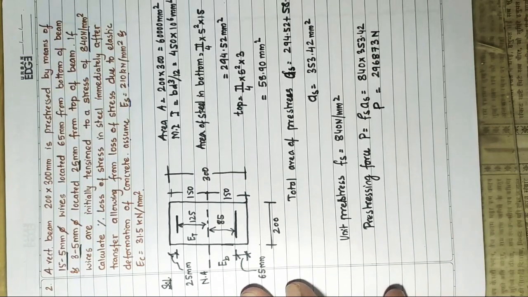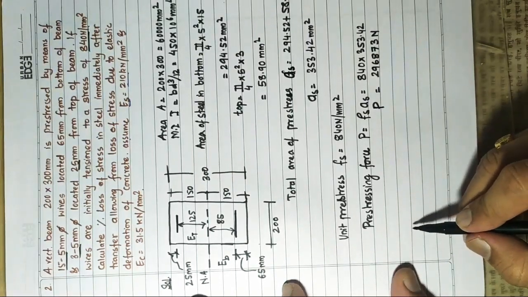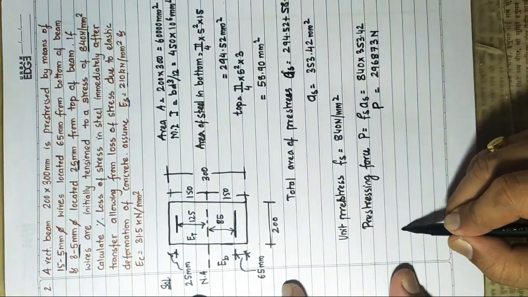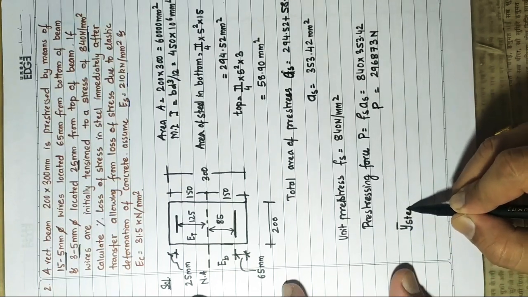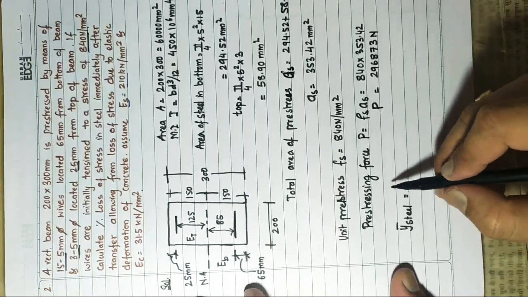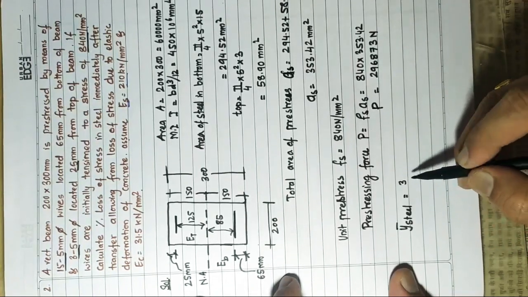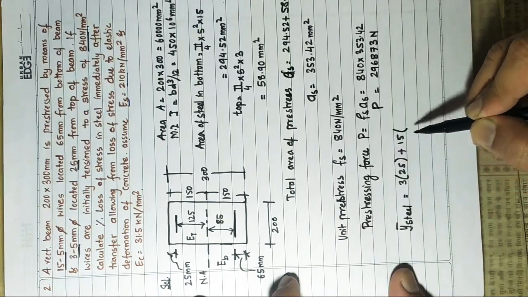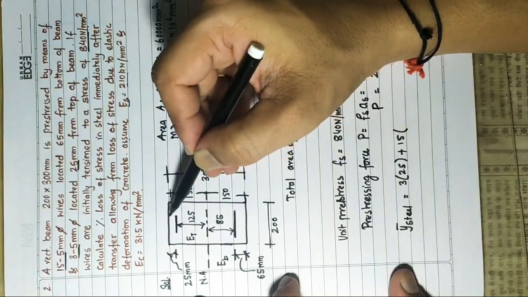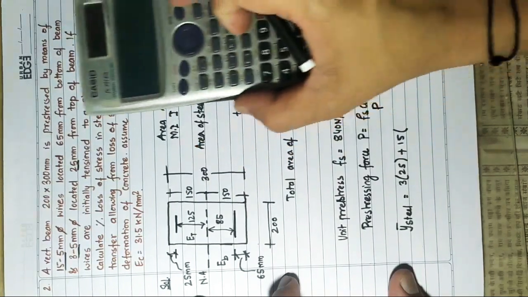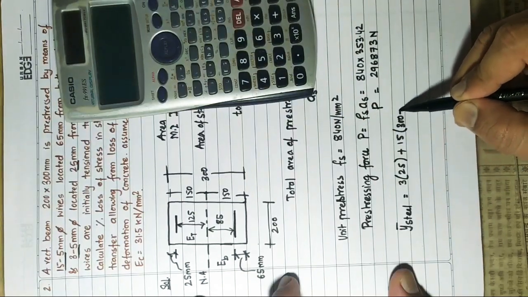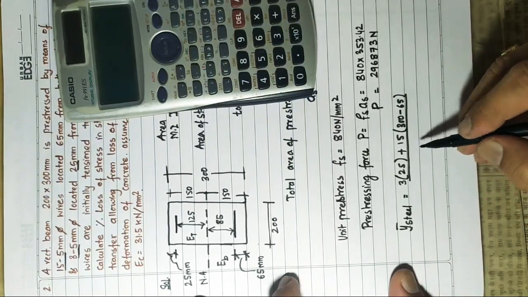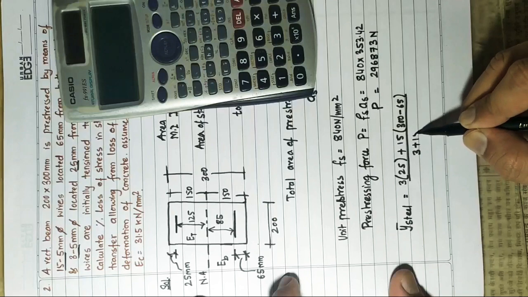Now we have to determine the distance of the steel centroid, that is, the CG of steel. We are going to take it as y bar of steel. We have 3 wires in the top fiber at a 25 mm distance, plus 15 wires at 300 mm minus 65 from the top fiber, divided by the total number of cables, that is 3 plus 15.